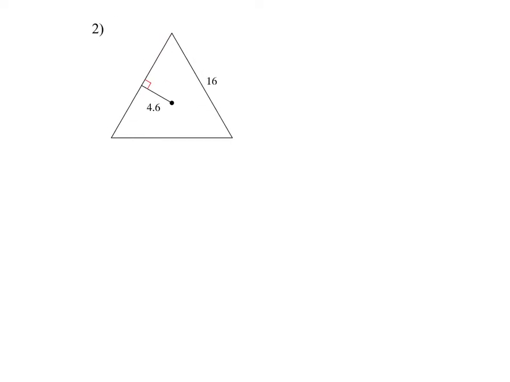The next one, I'm going to have an equilateral triangle. So this is 16. So my area equals 1/2 of 4.6 times 16 times 3. This is 48, and when I multiply everything, I have that this is 110.4 units squared.